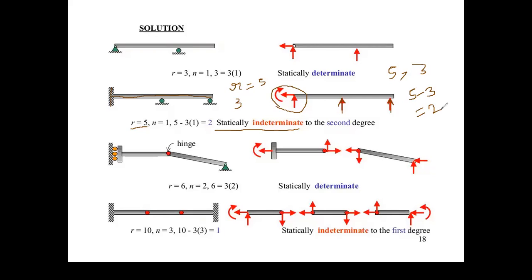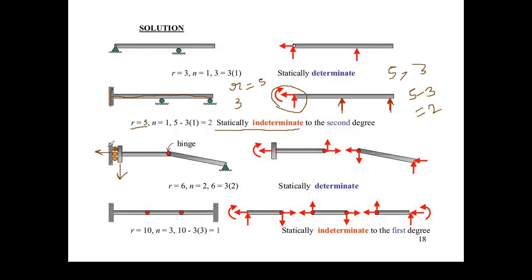So again, let's continue to the third example, right? Here the third example is there. It is a roller support. That means it is not restricted in this direction. It is restricted in this direction.